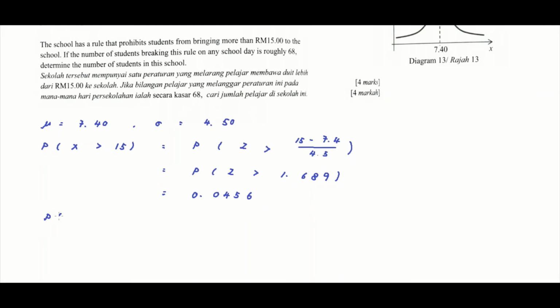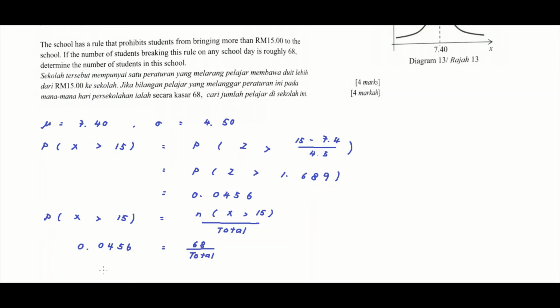After you found this, now we have the probability. The probability for students to bring more than 15 is equal to the number of students who are bringing more than 15, divided by the total number that we want to find. So just substitute the information: 0.0456 equals the number of people breaking the rule, which is 68, over the total.